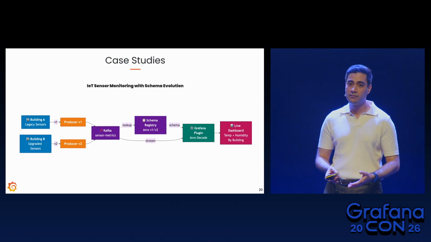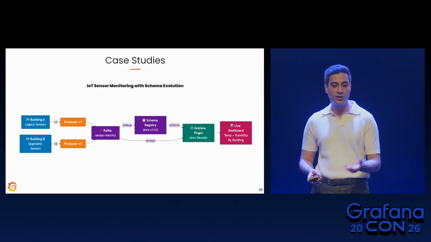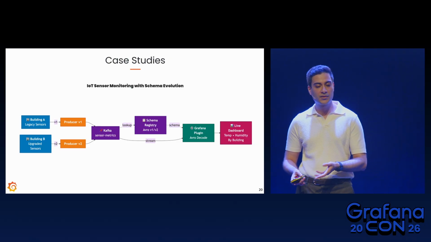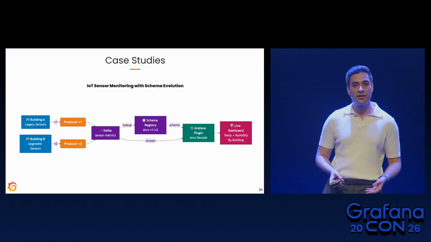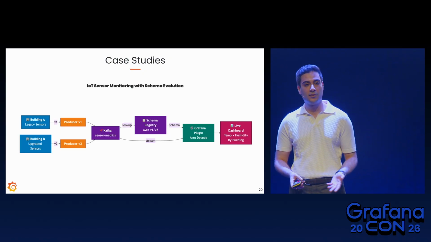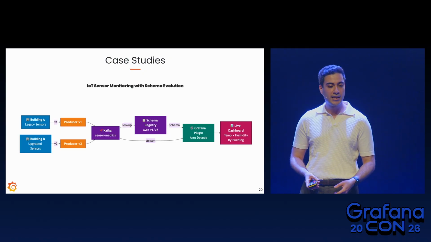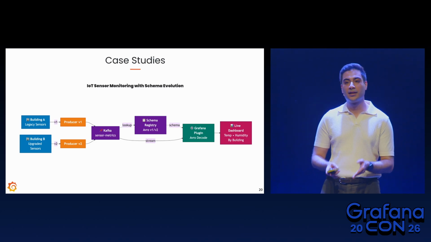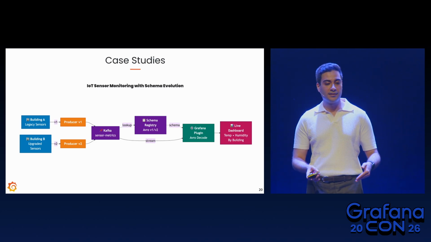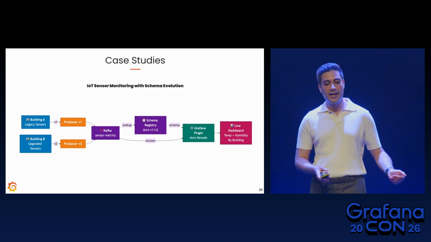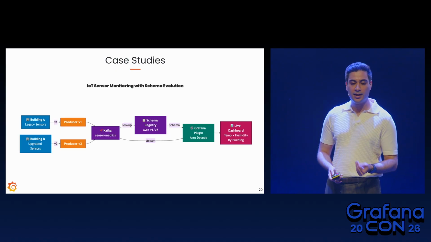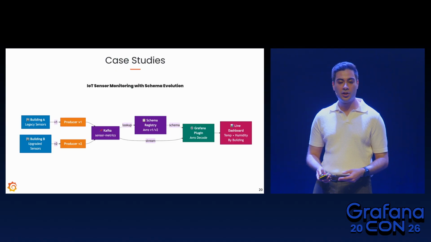And you have Kafka handling those sensor metrics on its topics, and you have the schema registry hosting the schemas of the different Avro versions. You can use that plugin on your Grafana to decode those Avro messages, and you can show them live on Grafana. Temperature, humidity, anything.